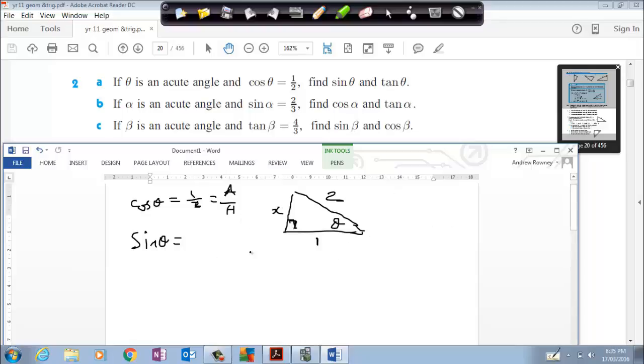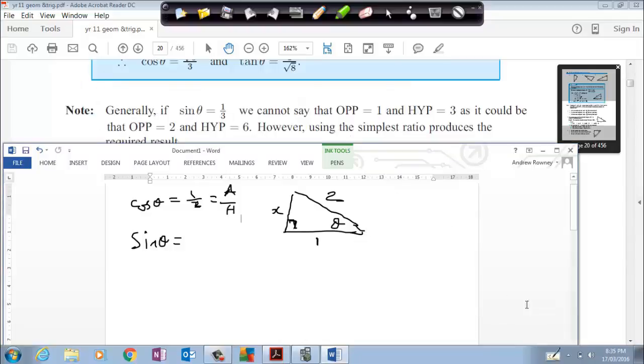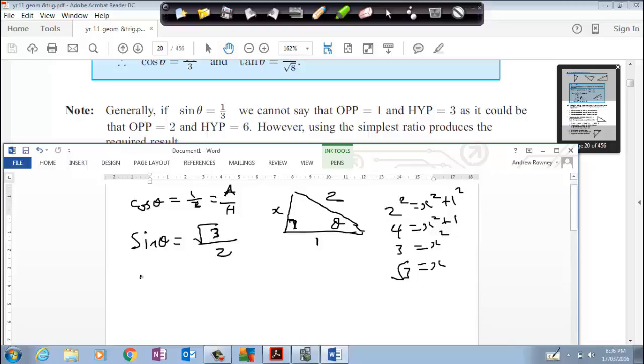So we have 2 squared equals x squared plus 1 squared, and so 4 equals x squared plus 1. x squared equals 4 take 1. So x equals square root of 3. We only take the positive version. So sine theta equals opposite over hypotenuse, root 3 on 2. And tan theta equals opposite over adjacent.